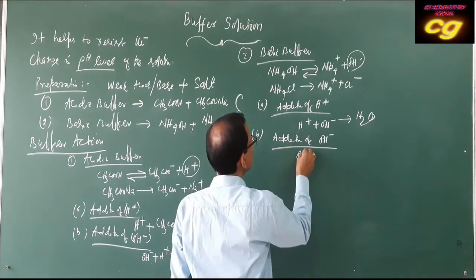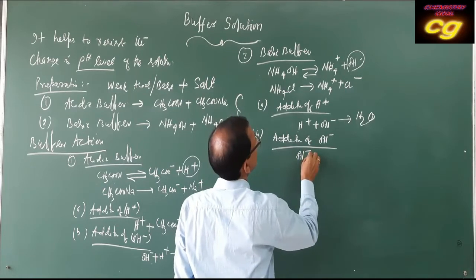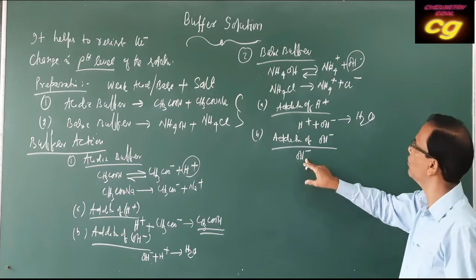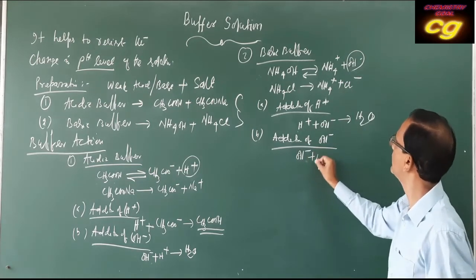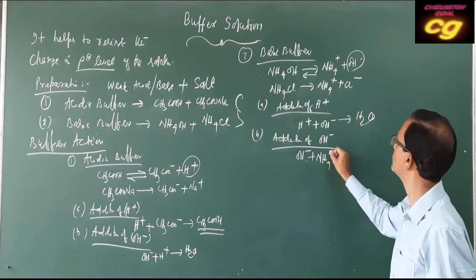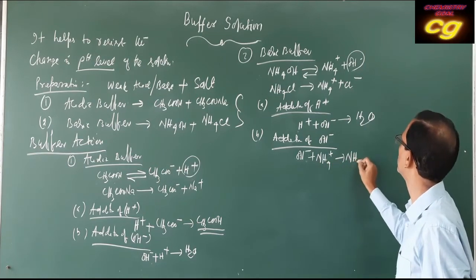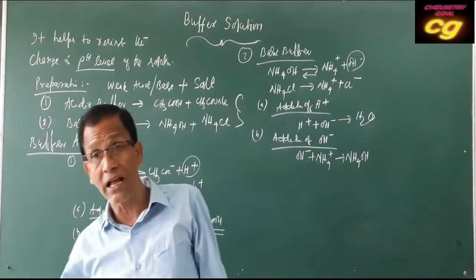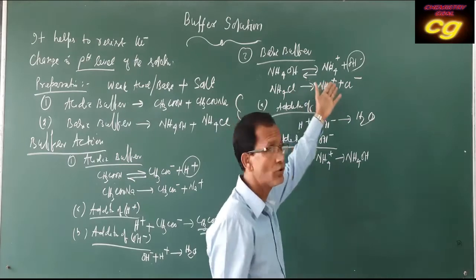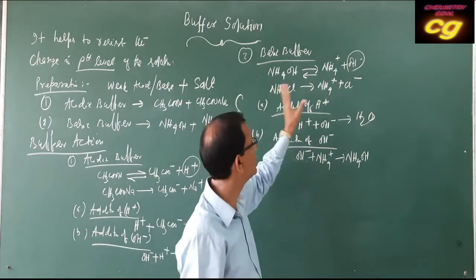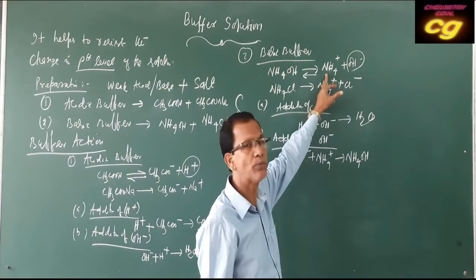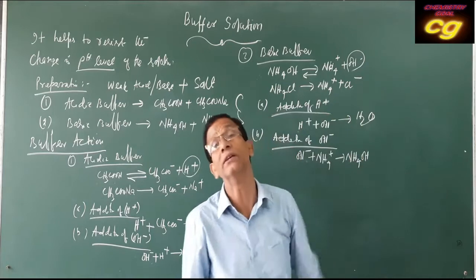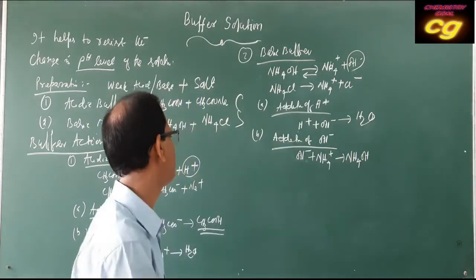When OH minus is added, it combines with the NH4 plus ion available in the solution forming ammonium hydroxide. So the OH minus will not be allowed to increase in the solution. If you add OH minus, it combines with NH4 plus forming ammonium hydroxide, so the OH minus will not be increased. That's why pH remains the same.